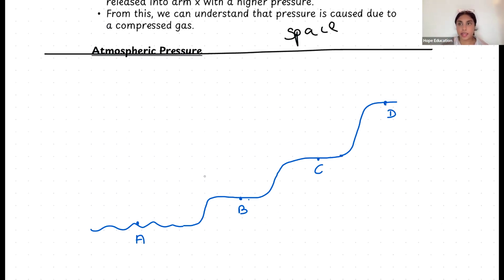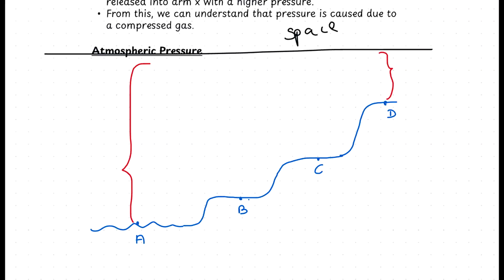If you take point A, the atmospheric pressure at point A is because of the weight of the air column above point A. If you take point D, the atmospheric pressure is due to the air column above point D. So at which point does the air column have the greater height, A or D? A.